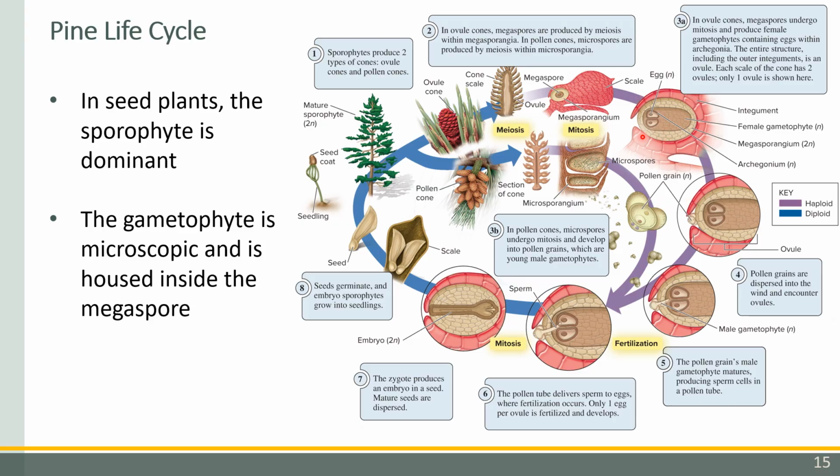The pollen is going to fertilize the megaspore and produce the embryo. Inside the pollen cone, we have the pollen or the spores. They are called the microspores. They're really, really tiny. The megaspore is much, much larger inside that female cone. And if you remember from the previous image and also from our plant lab, the female cones are usually much bigger. The male cones are usually much smaller.